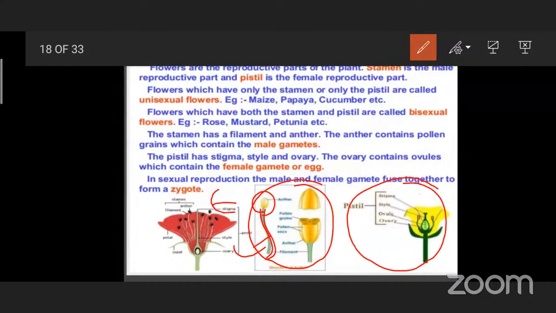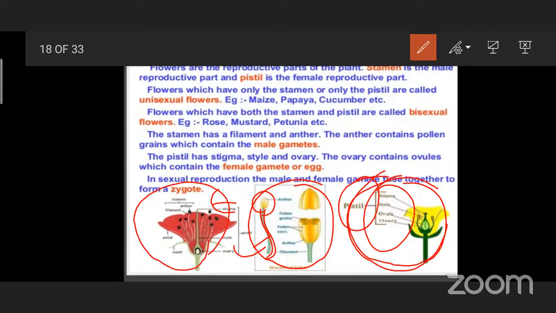The female reproductive organ, the pistil, consists of three parts: style, stigma and ovary. Flowers which have only stamen or only pistil are called unisexual flowers. Example, maize, papaya, cucumber. Flowers which have both stamen and pistil are called bisexual flowers. Example, rose, mustard, hibiscus.